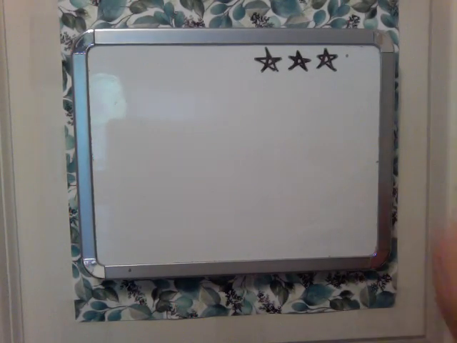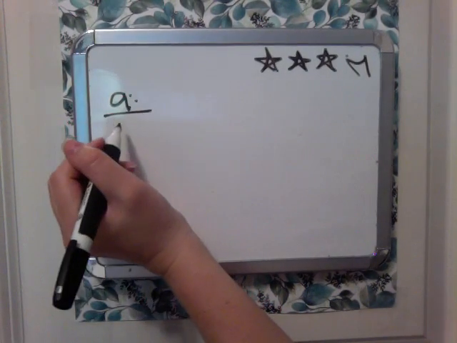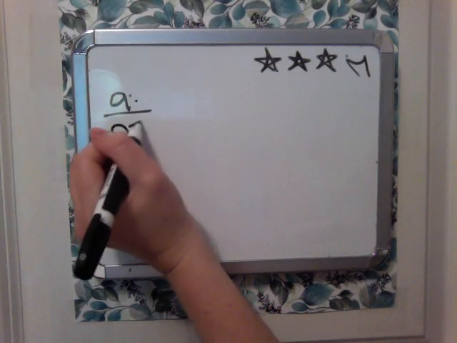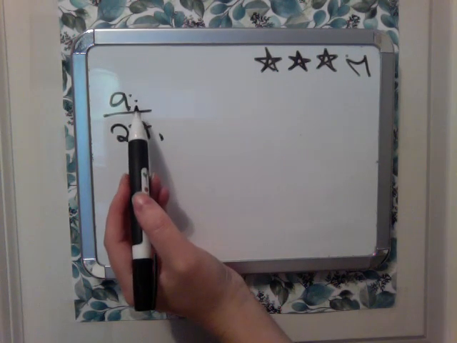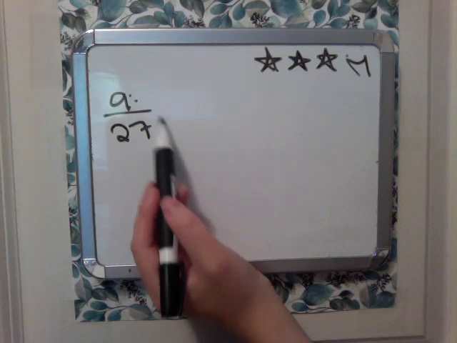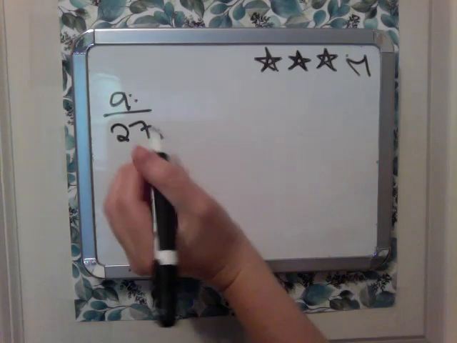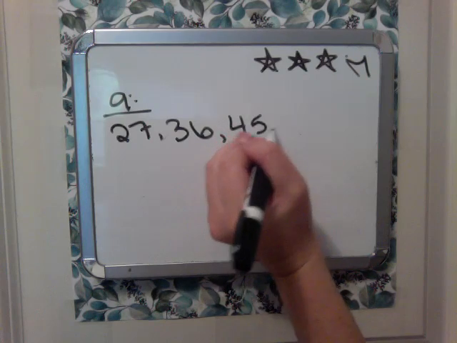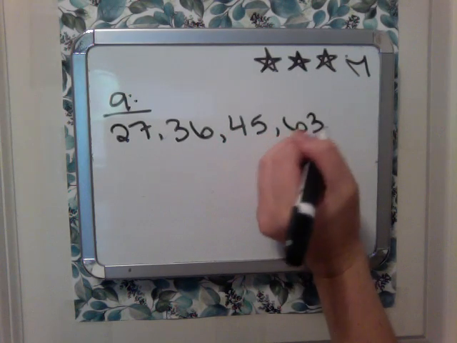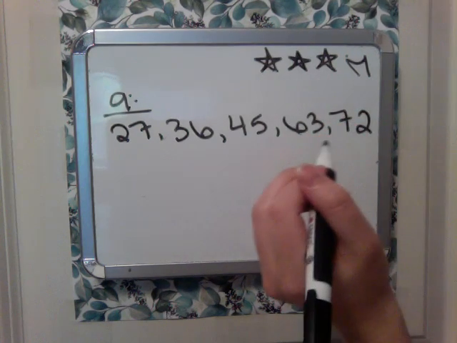Your next problem is multiples. So we're going to be looking at multiples of 9 starting at 27. So I like to figure out 9 times what equals 27, which is 9 times 3. 9 times 4 is 36. 9 times 5 is 45. 9 times 6 is 54. 9 times 7 is 63.